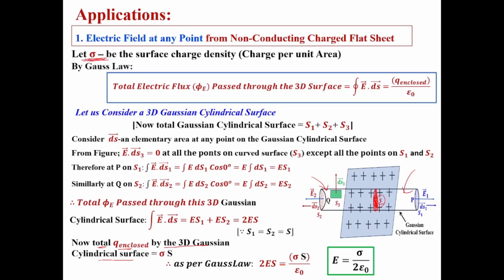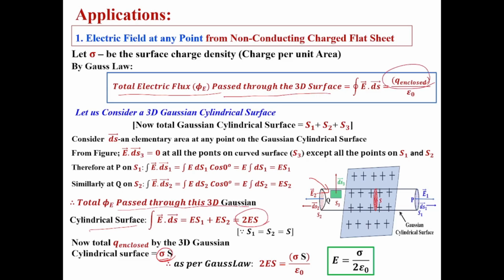So on this surface S, the charge will be sigma into S, which is enclosed by this Gaussian surface. So according to Gauss law, the total electric flux passing through the 3D Gaussian surface, that is 2ES, will be equal to how much?